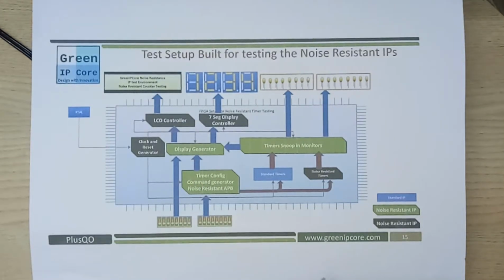The problem with using this specific IP is that the standard testing methodology, where some kind of block can snoop the data out and put it on the PC, those blocks are not noise resistant, and they are actually proprietary, so we cannot use those standard methodologies over here to test it out. It is a custom methodology we have built for ourselves.